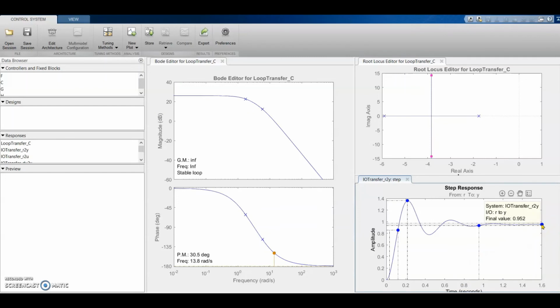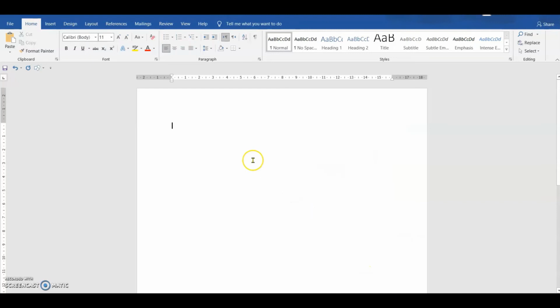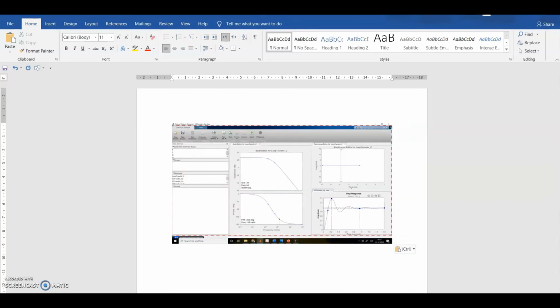That means there is a steady state error of 0.047 something, so that means 4.7% steady state error. Now let's take a snapshot and save it somewhere. So I am saving it here. So this was saved earlier. Okay.